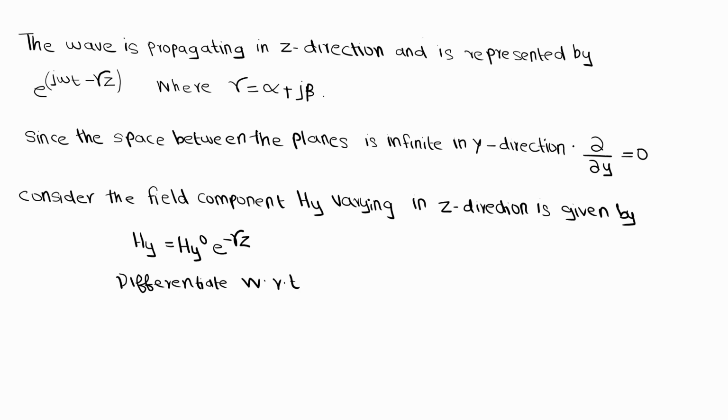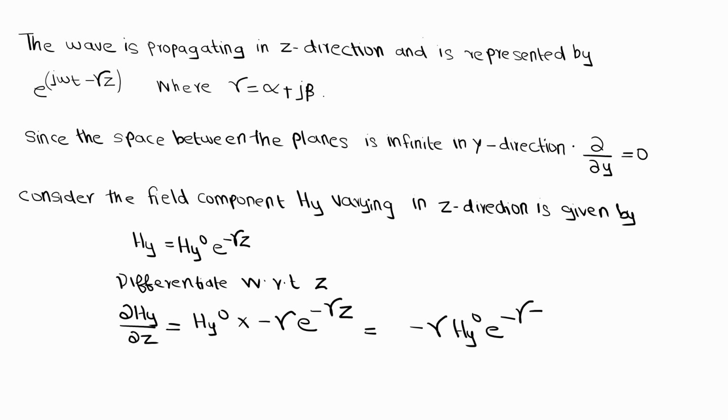Now differentiating with respect to z, the equation becomes ∂Hy/∂z = Hy0 into minus gamma e to the power minus gamma z, which is equal to minus gamma Hy0 e to the power minus gamma z.